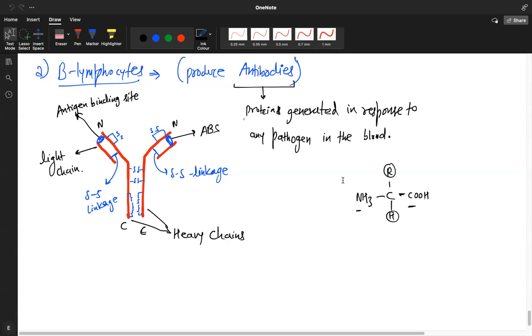Now this antibody looks something like this. It is a Y-shaped structure with two long chains, also known as heavy chains, and two small chains, also known as light chains. Each antibody molecule has four peptide chains.